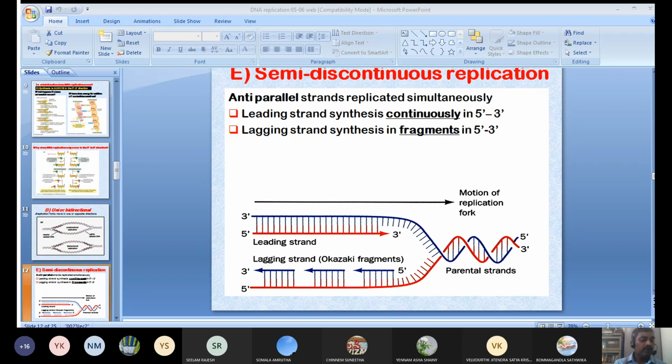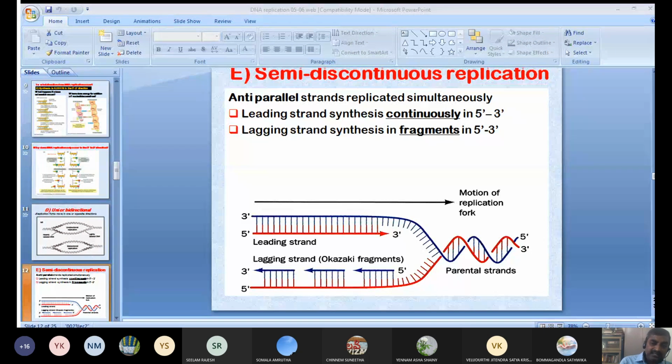So if you want to start the 5 prime to 3 prime synthesis, then see, in this case, when the DNA molecule is unwound up to here, it recognizes, as I already told you, that primase is the enzyme which recognizes the primer synthesis. It adds 9 to 11 RNA nucleotides in the initiation step, right?